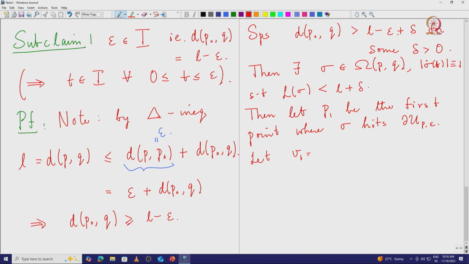Then let V1 be the derivative of sigma at 0, and note that the distance from P to P1 will again be epsilon, because the points on the boundary of this geodesic sphere are all at a distance of epsilon from P, because radial lines are just geodesics.